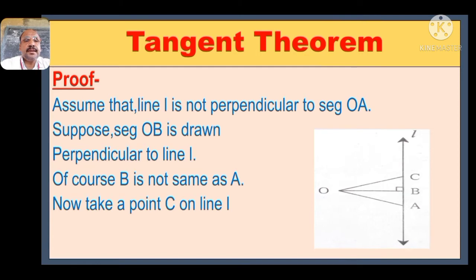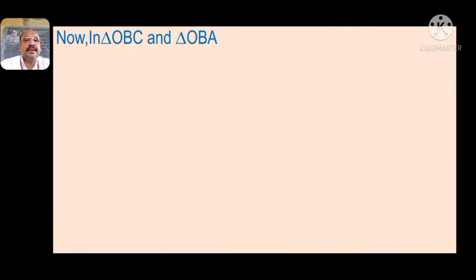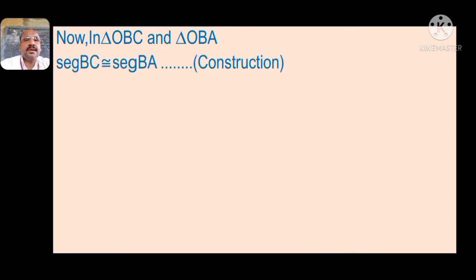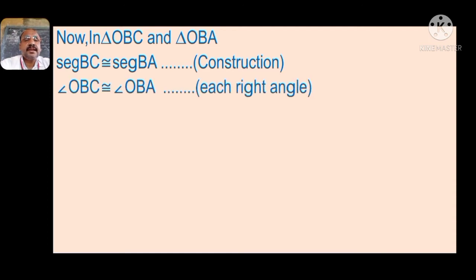Now take a point C on line L such that A-B-C and BA is equal to BC. Now in triangle OBC and triangle OBA, segment BC is congruent to segment BA by construction, angle OBC is congruent to angle OBA, each of 90 degrees or each a right angle.